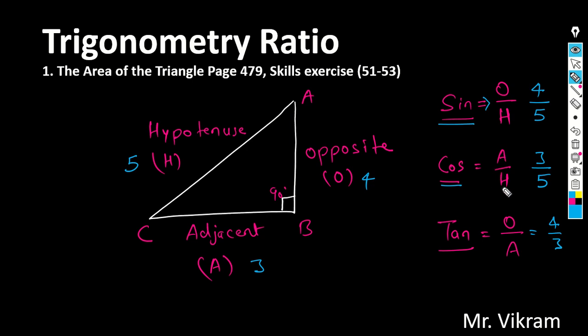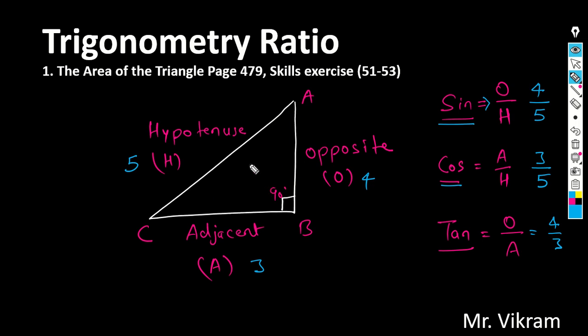That's the basic understanding. Now we need to see which angle we are asking. When I'm saying sine 4 over 5, this is your opposite and this is your hypotenuse, so I need to look from which angle I'm seeing.